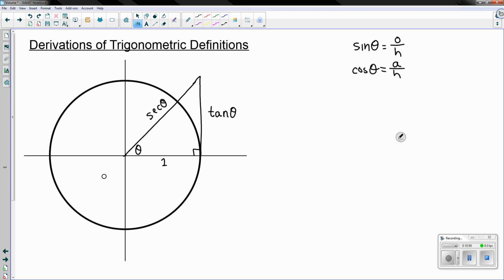And those are two of the 6 trig functions, tangent of theta and secant of theta. And now we have to come up with definitions for them. So we say the secant of an angle is equal to the hypotenuse when the adjacent side is 1. And we say the tangent of an angle is equal to the opposite side when the adjacent is 1. So let's set this thing up.